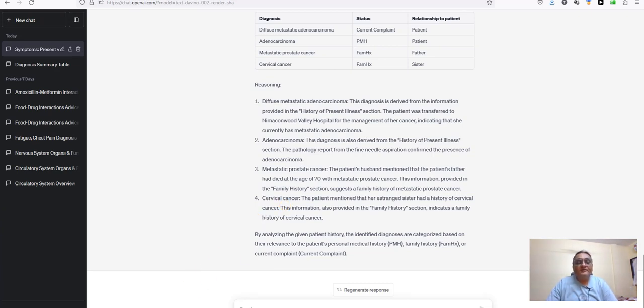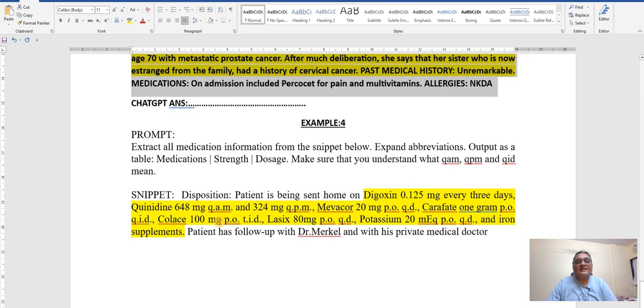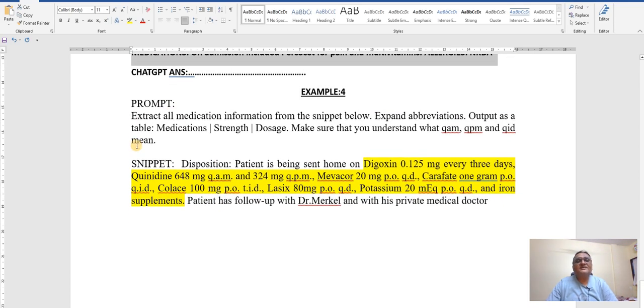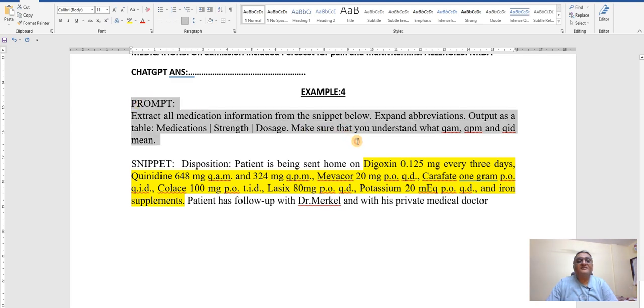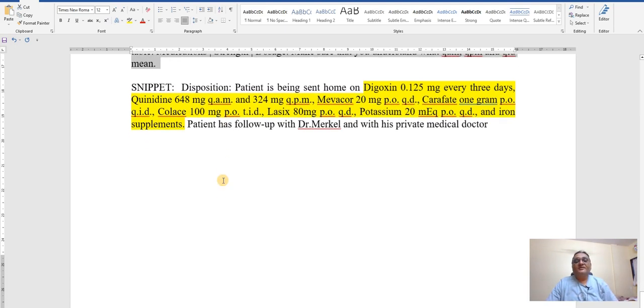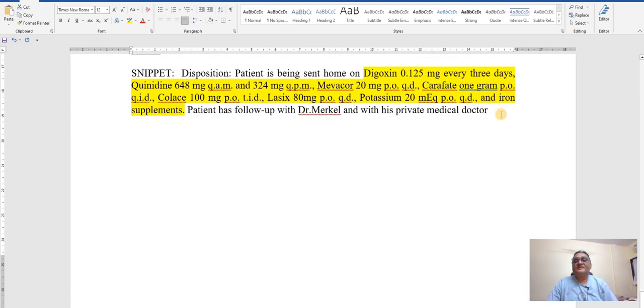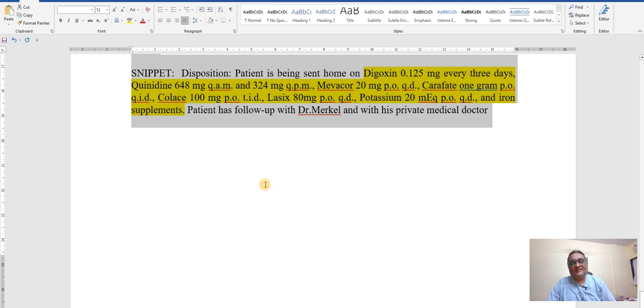Now let us take one last thing. This is an easier thing: extract all medical information from the snippet below, expand all abbreviations, output as a table as below: first, medications; second, strength; third, dosage. And this is the snippet. This is a standard way.